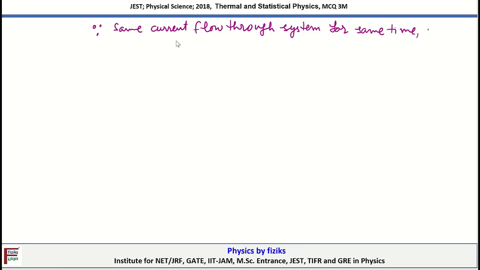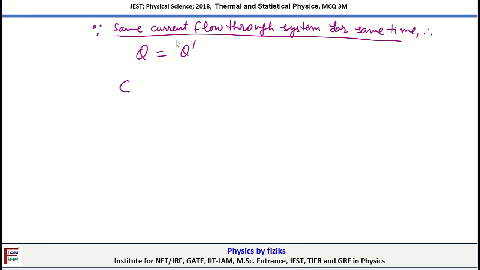Therefore the same amount of heating will be produced, so Q is bound to be equal to Q dash, because it's given that the same current is flowing through the wire for the same time. It doesn't matter under what condition we perform the process. The heat generated during this time will be equal.